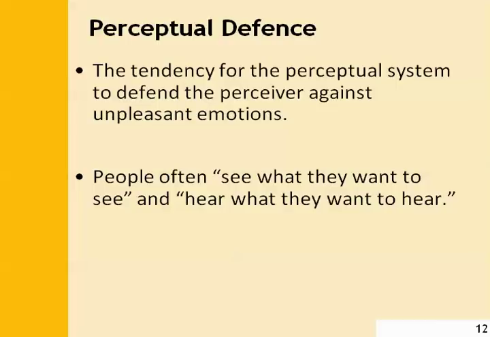For example, suppose you have a friend and you find your friend lying to other people in front of you. You wouldn't want to perceive him or her as a liar.